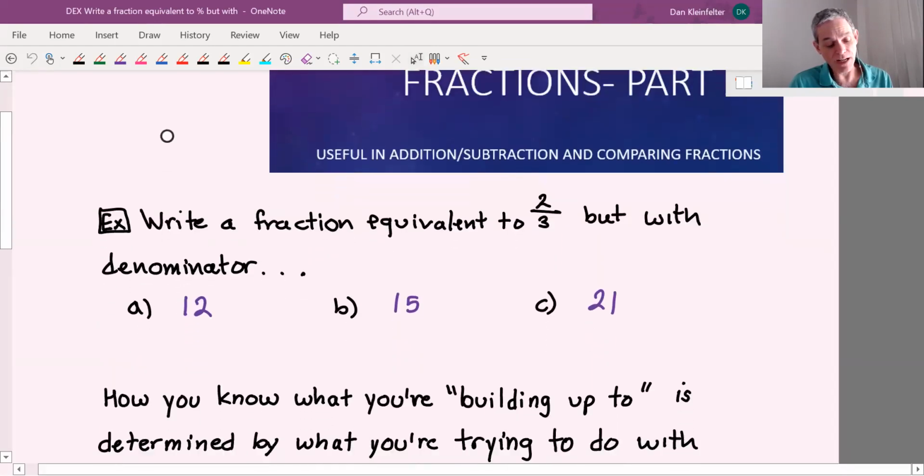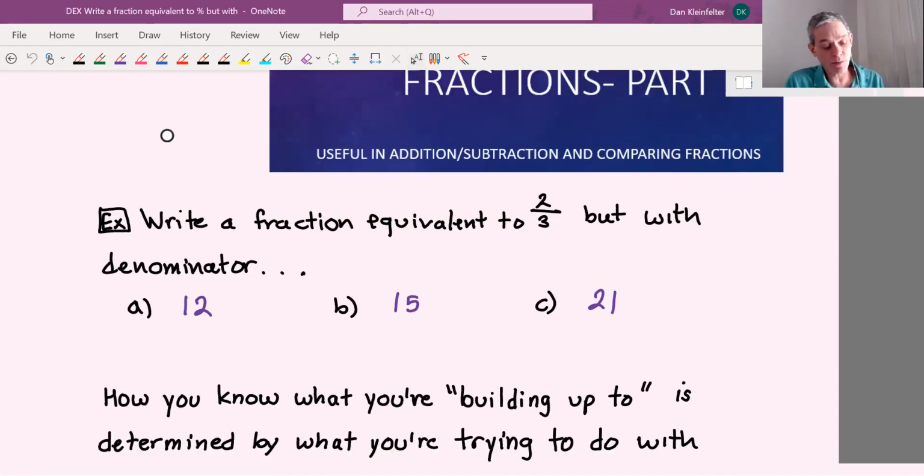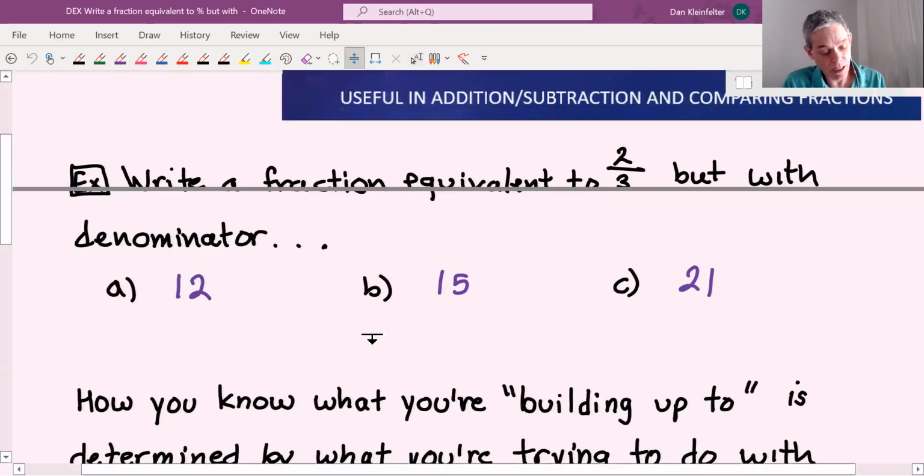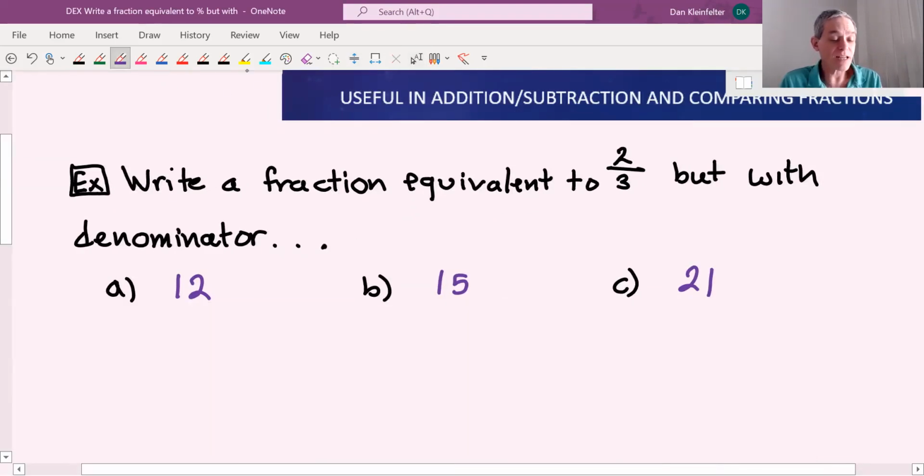We're going to write a fraction that is equivalent to 2/3, but has denominator first 12, then 15, then 21. So if we want our fraction to be equivalent to 2/3, it of course has to have the same value. In the first case, we change it so that it has a denominator of 12.